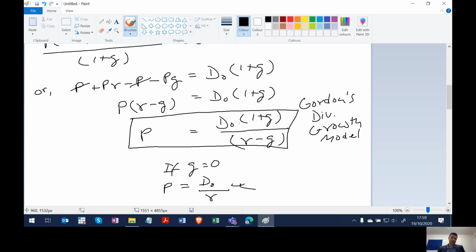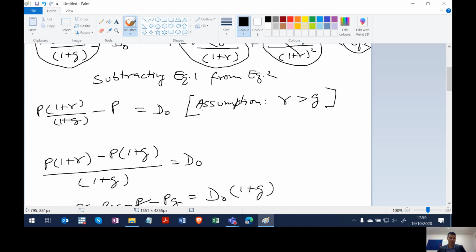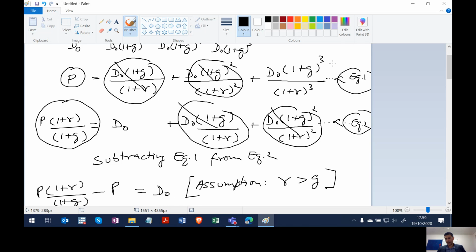And the second thing we have to be careful about here is that R should always be greater than the growth rate. The required rate of return should be greater than the growth rate. Otherwise, this formula will not work because of the explicit assumption that we have made earlier. The only way we could get this formula was when we assumed that R was greater than G. That's why the infinite term here was going to be very close to 0.